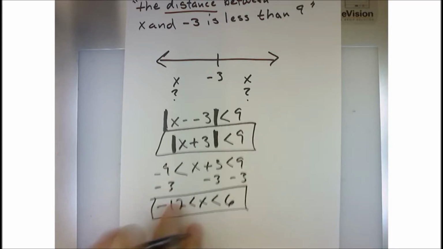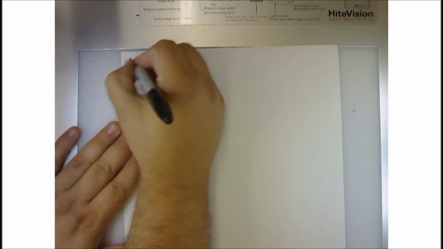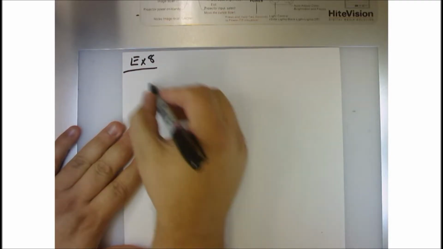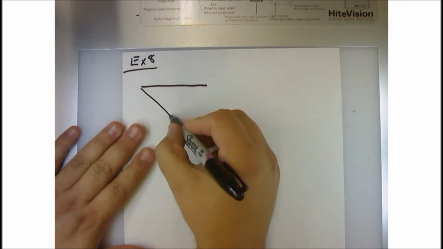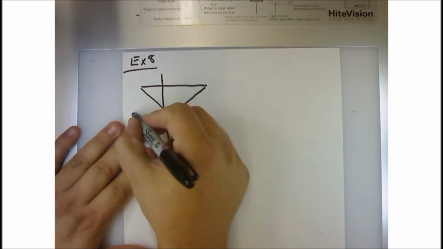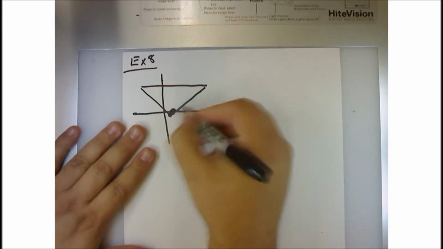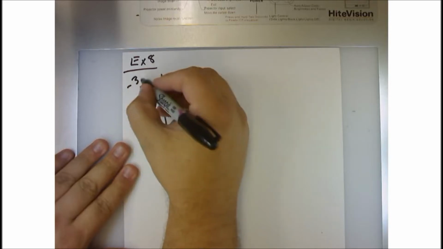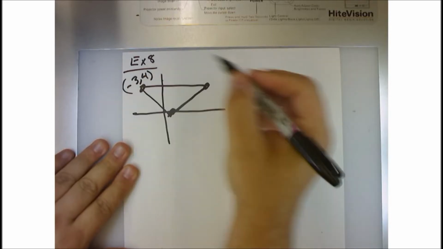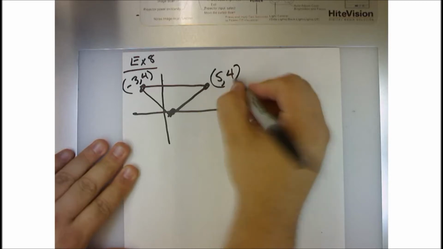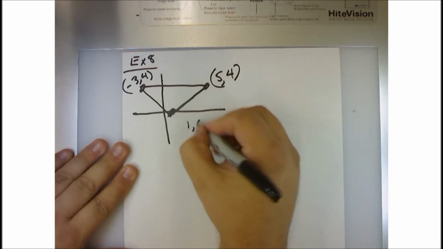Okay. Problem or example number 8. You're given a triangle that contains 3 points, the points -3, 4; 5, 4; and 1, 0.